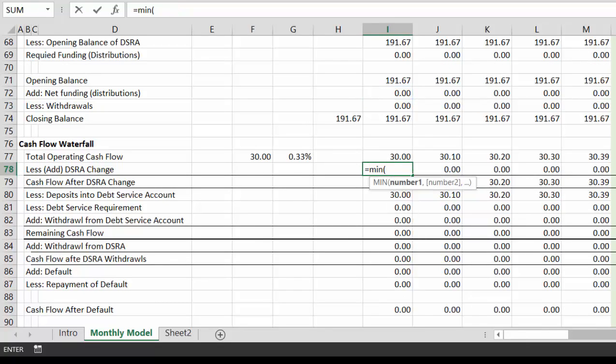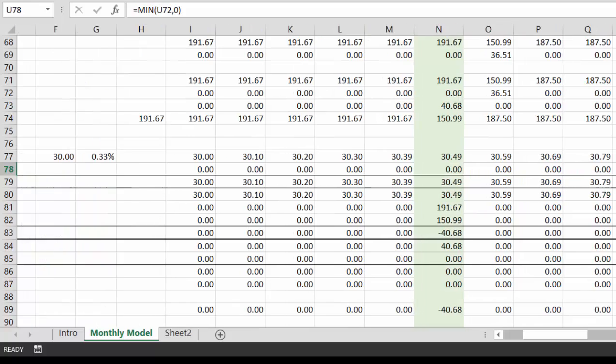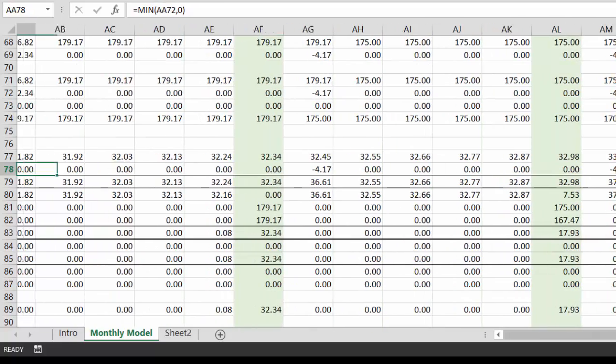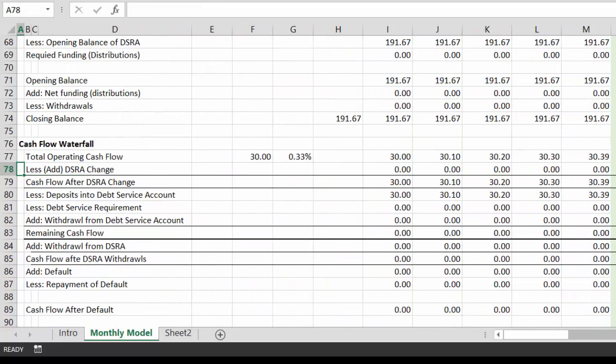If we make this minimum, I've hardly ever done this. I don't think I've ever done this. If I make this the minimum of that or 0, it will only take the negative numbers. Maximum will only take the positive numbers. This will only take the negative numbers, and it will leave them as negative.